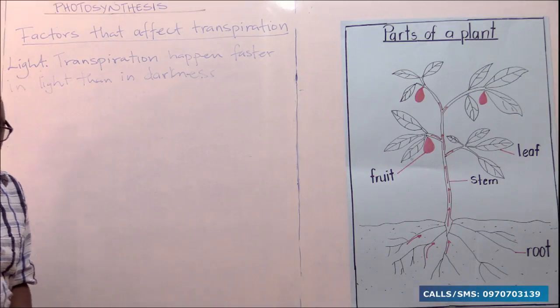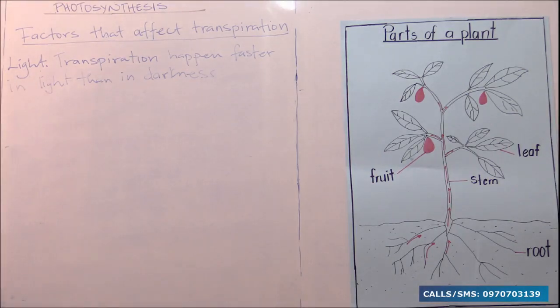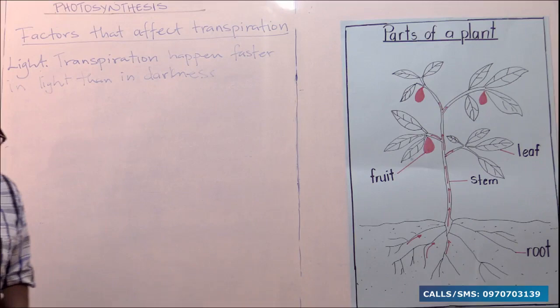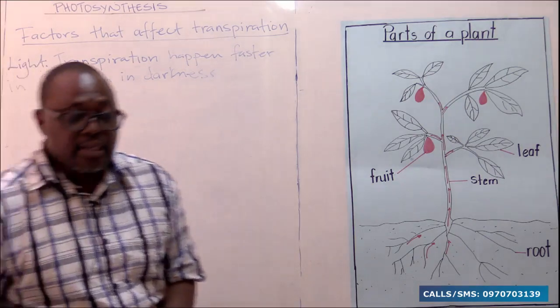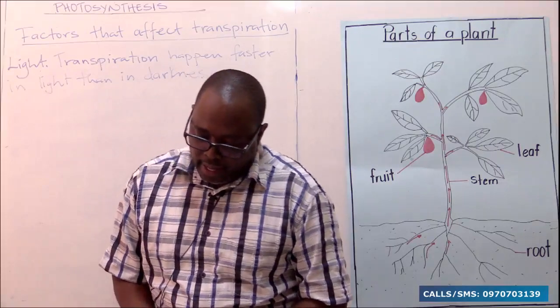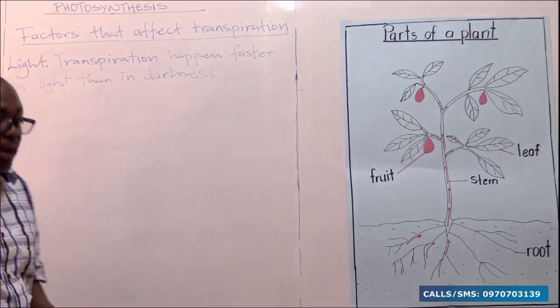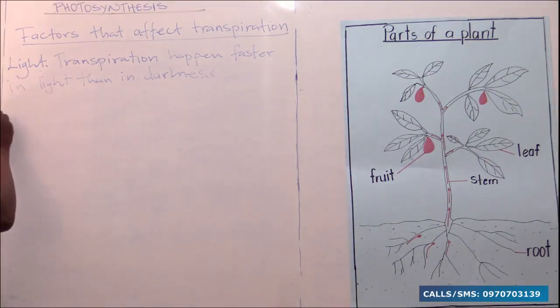So we said the main reason for this is that the light stimulates the stomata to open more, releasing more water. The next factor we are going to look at is temperature.